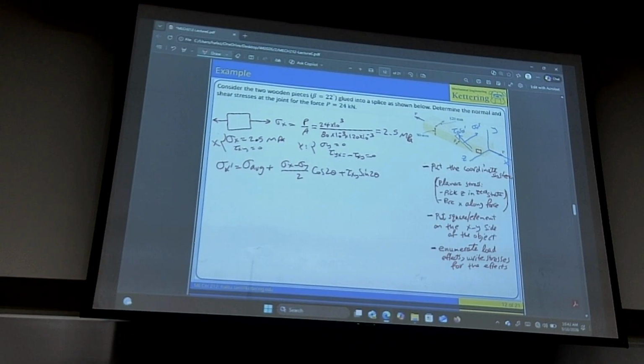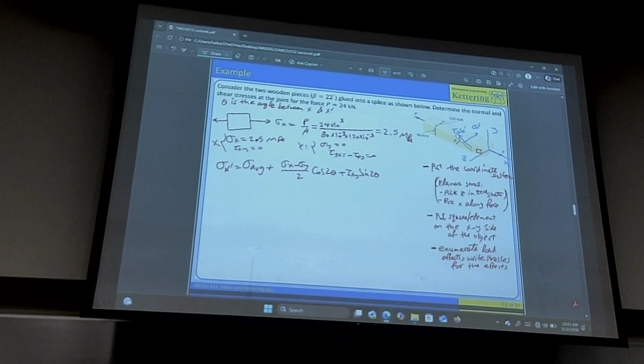And theta is the angle between x and x prime.